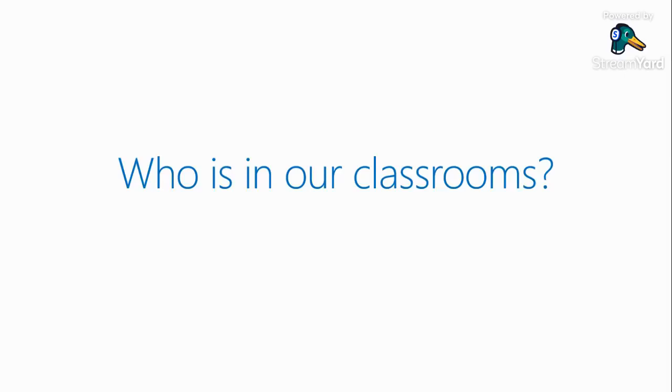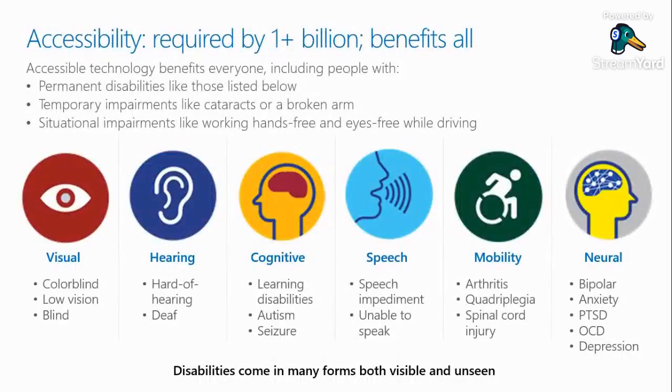Okay. So when we're talking about inclusivity, as we all know, we have different kinds of abilities. Those are multi-intelligences. When we're talking about inclusivity, we're dealing with students that need help.